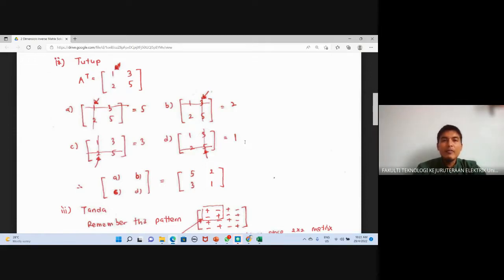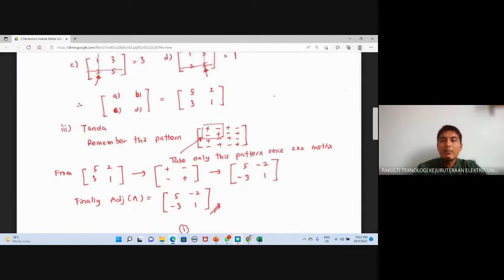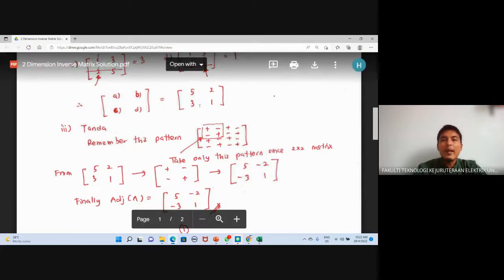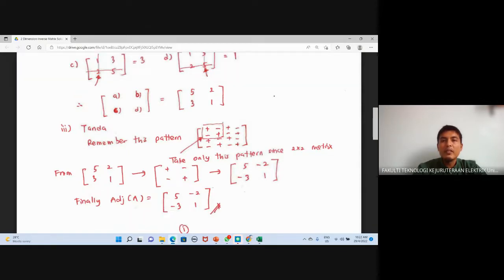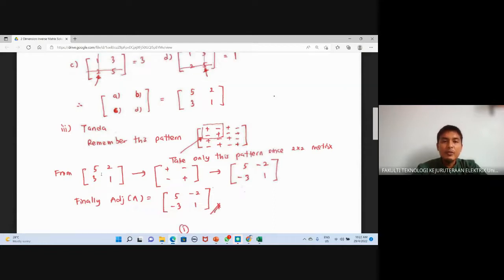Finally, we go to the final step, tanda. Tanda is sign. So remember this pattern: positive, negative, positive, negative. Since this is a 2 by 2 matrix, you just need to crop the 2 by 2 part of the pattern. The numbers you have after tutup are 5, 2, 3, 1.